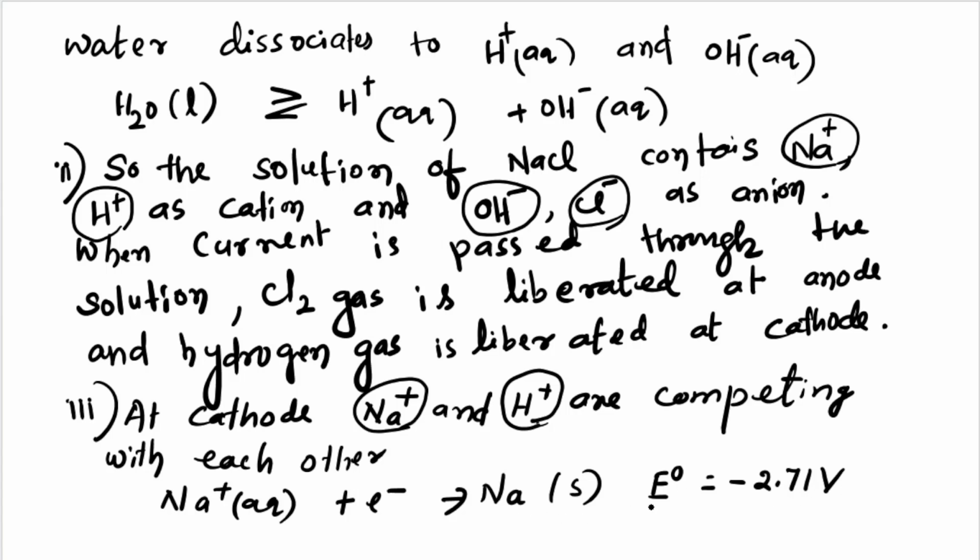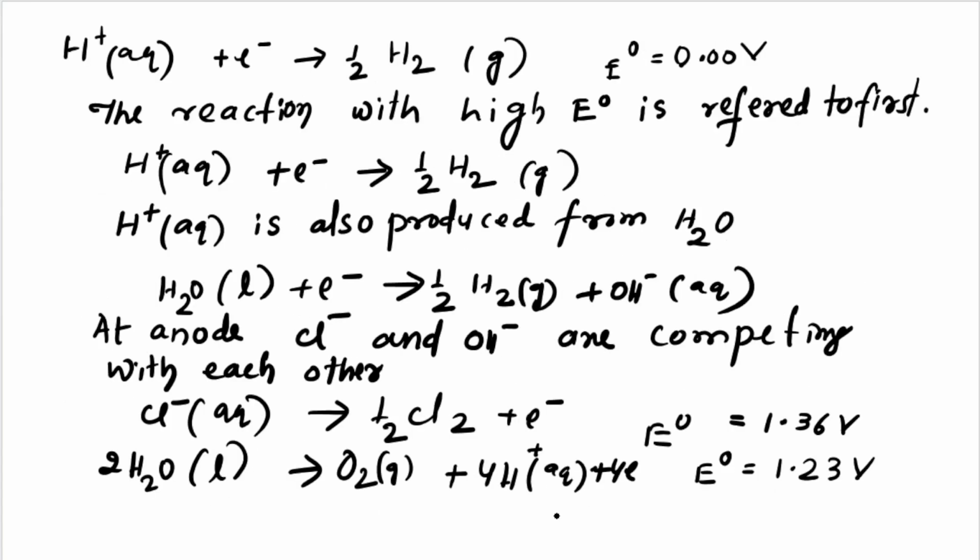This is the standard electrode potential of the reaction where Na plus aqueous changes to Na. See the value, minus 2.71. This is very important. If you don't remember, you can note the value somewhere and collect it easily.